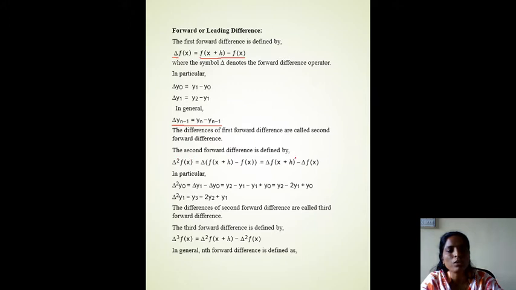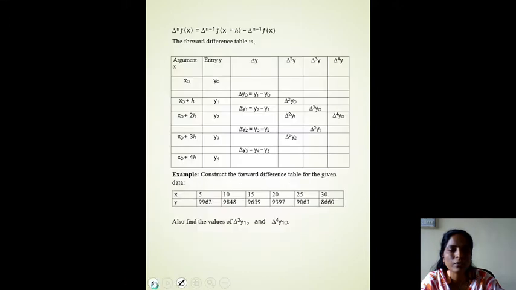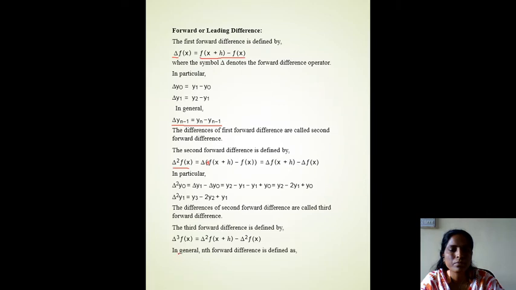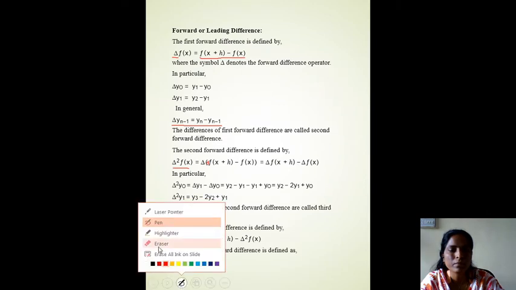The second forward difference is defined as delta square f of x. It is nothing but delta of delta f of x. Let me erase this.